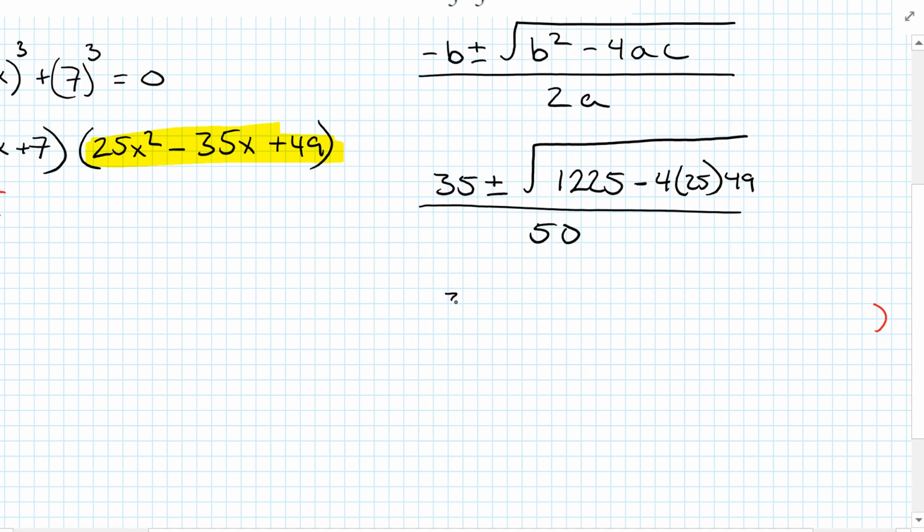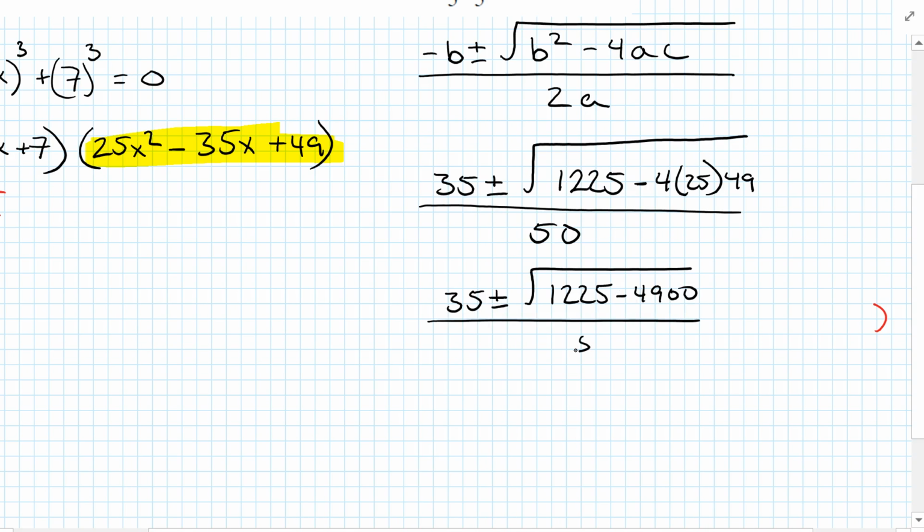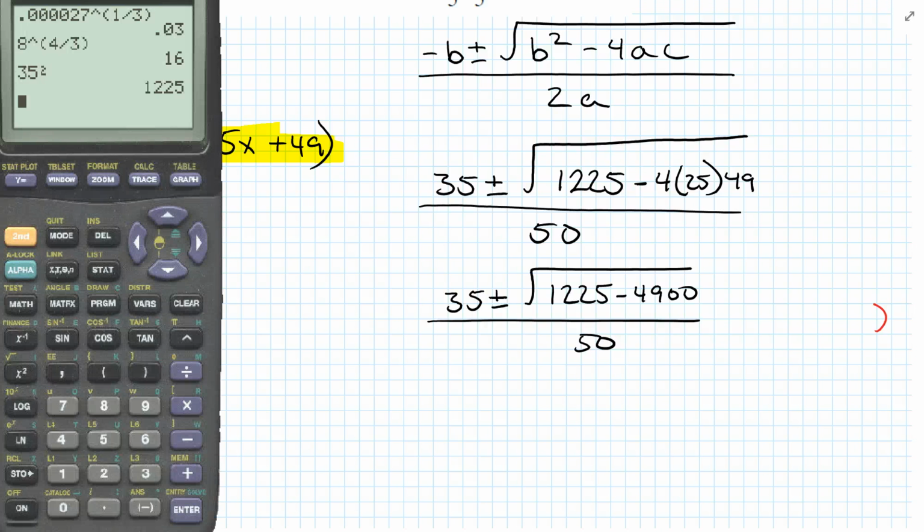Okay, so that's going to be 35 plus or minus the square root of 1225 minus 4900 all over 50. Alright, so let's do some work. What is 1225 minus 4900? Negative 3675.